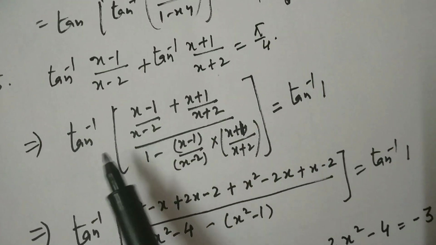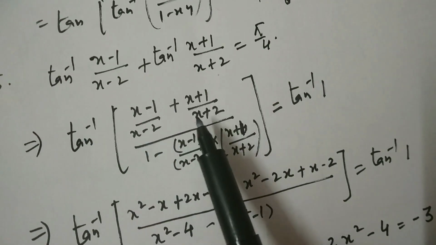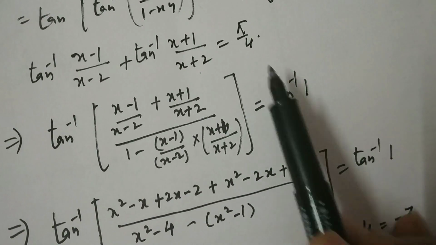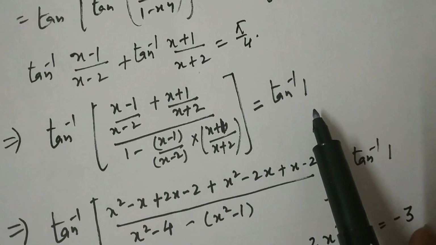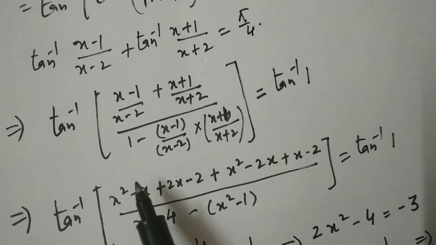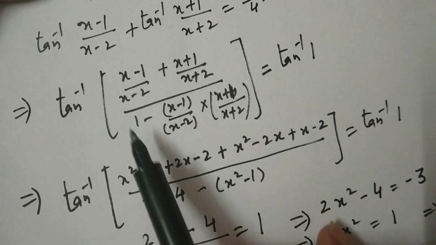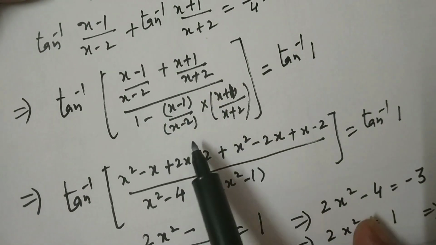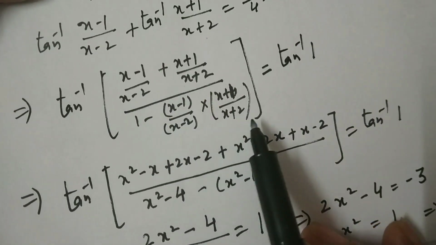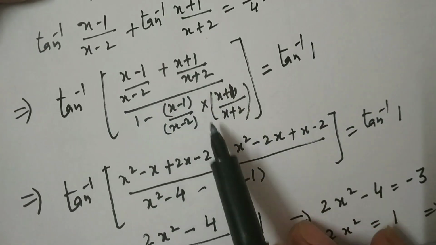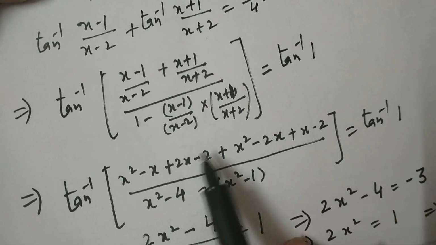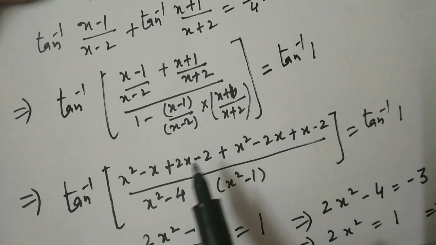Again I apply the formula for tan inverse x plus tan inverse y, and to this pi by 4 I can write tan inverse 1. Now solving this part, here again the same thing I was telling you, not to cut anything, so the denominator parts from the numerator and denominator will cancel out each other.